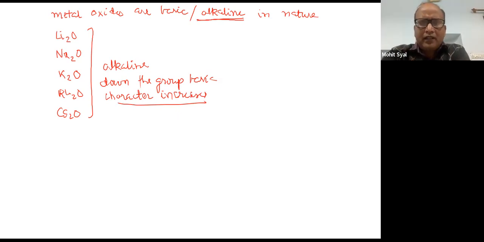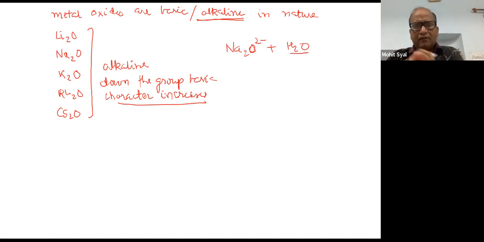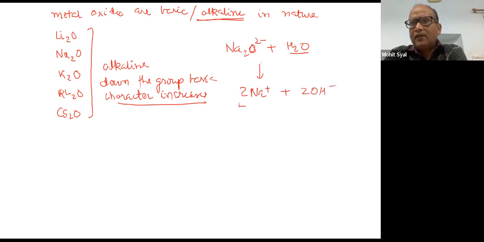So how can you show that they are alkaline? Suppose you take sodium oxide and put it in water. This is the oxygen atom of the oxide, and this is the oxygen atom of water containing 2H+. They will share 1 H+ among themselves. So you have 2 Na+ and 2 OH-. This is sodium hydroxide, and it is alkaline in nature.